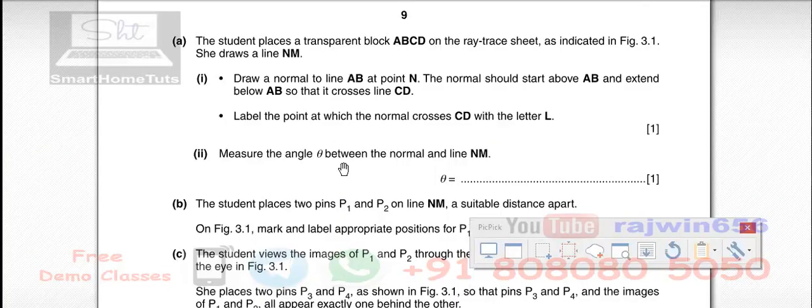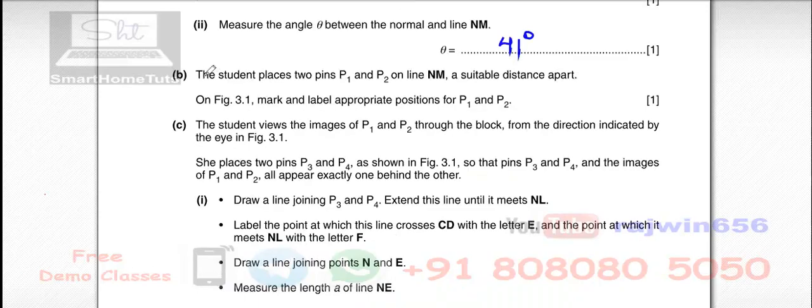So measure the angle theta between the normal and the line NM. This angle I have measured, I'm writing that. That is 41 degrees.